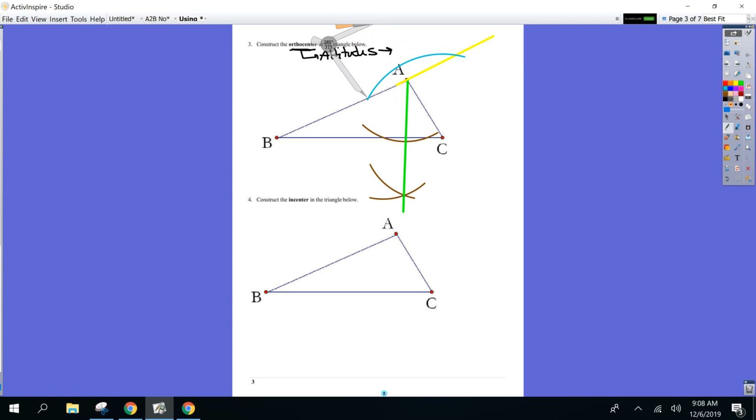So I go to each point of intersection. Try to get these two to intersect. Oh, that's up here. I don't know how to bring this all down. Mine's going to intersect way up here. Sorry, guys.